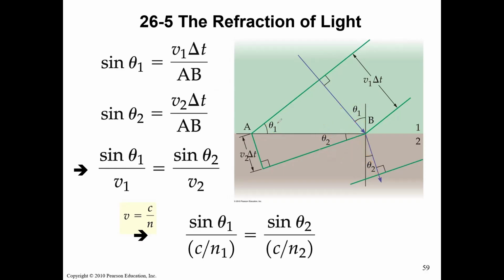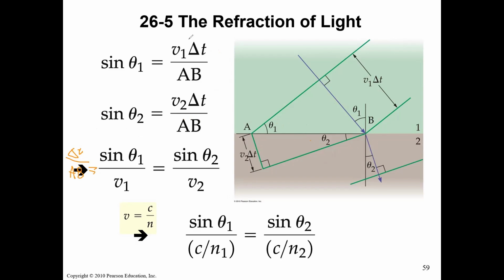Now that we have derived that this angle is theta 1 and this angle is theta 2, we can look at sine theta 1 and sine theta 2. Sine theta 1 is this side, v1 delta t, divided by this side, which is AB. Sine theta 2 is this side, v2 delta t, divided by this side, which is also AB. So if we write delta t over AB, we can express it in two ways.